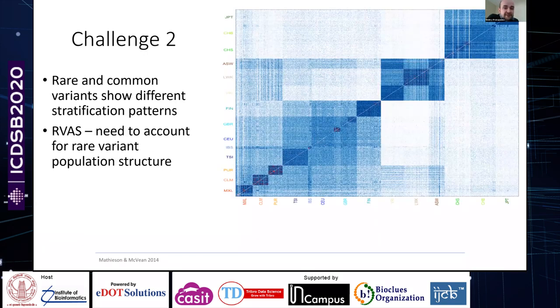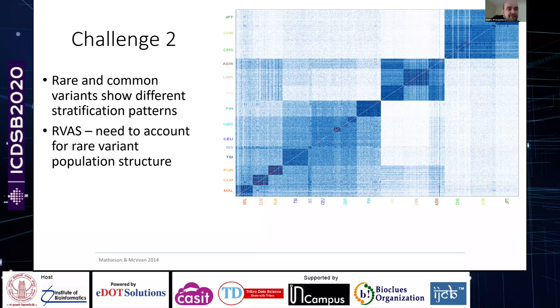And so the next challenge is population structure. Population stratification is a systematic bias which affects large association studies, and this also affects rare variant association studies. This plot is based on 1000 Genomes, and it plots the co-occurrence of rare variants which are present only twice in the whole cohort.